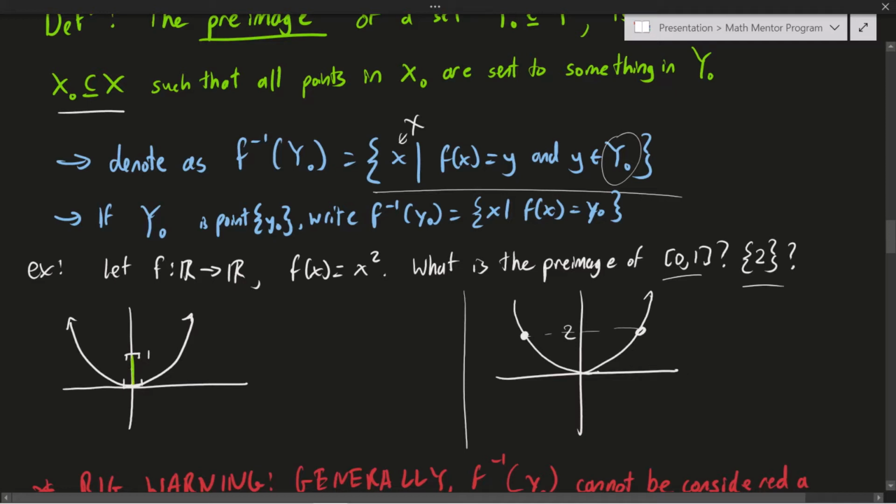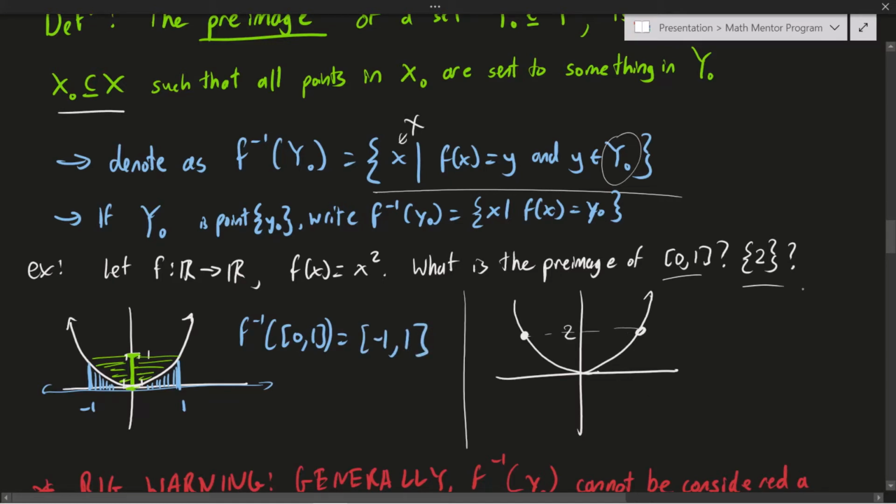If we look at this here, the preimage of everything in here is just all the points in the domain that got sent to something in the interval 0, 1. And if we just draw vertical lines, you can see and actually check for yourself that this goes from -1 to 1. So we would say that the preimage of the interval 0, 1 is exactly the closed interval -1 to 1.